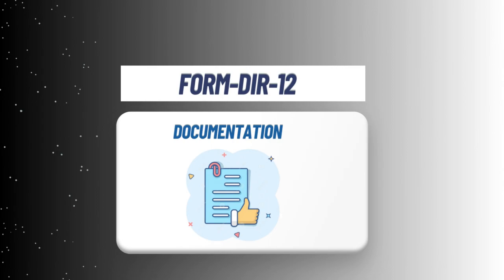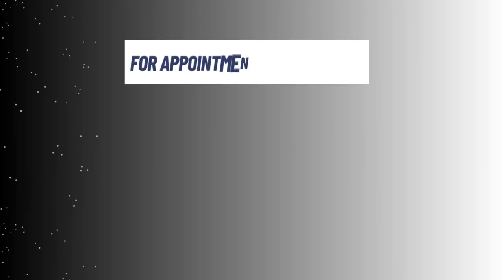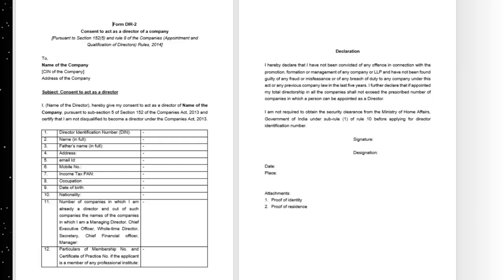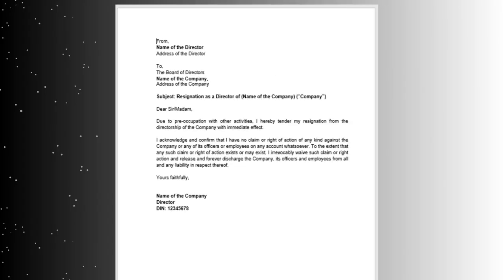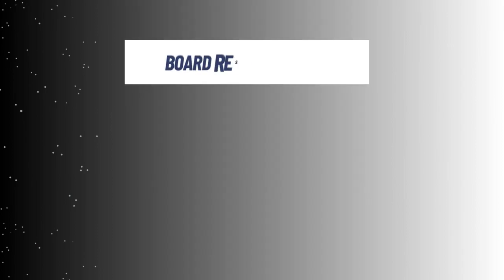Suppose we are filing the form for appointment of a director, we should make sure that we have Form DIR-2, that is consent to act as a director, and Form DIR-8, that is a declaration of non-disqualification of the director, attached with Form DIR-12 when we are proceeding with the filing. And in case of resignation, a resignation letter which the company has received from the director and evidence of the cessation, such as the board resolution acknowledging the resignation, should be attached when we are filing Form DIR-12.